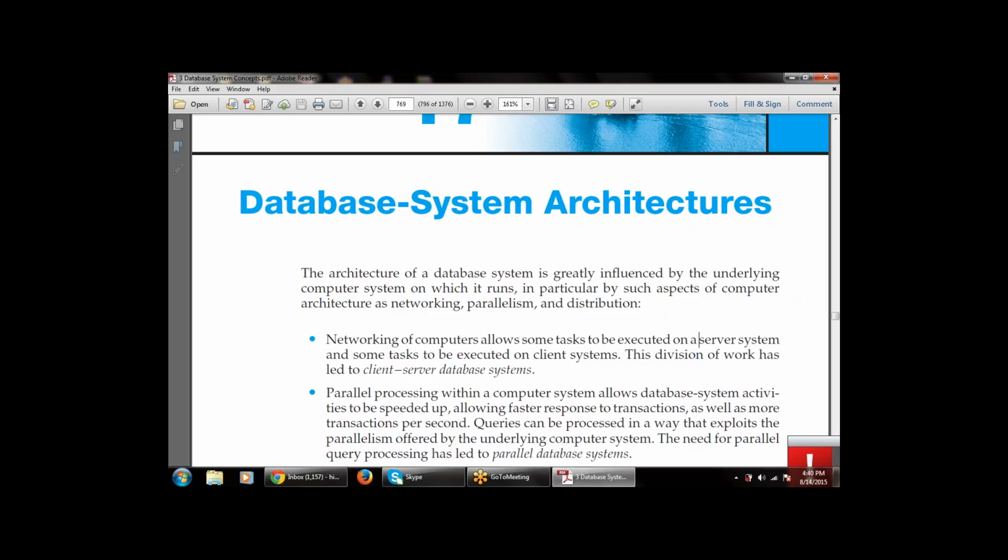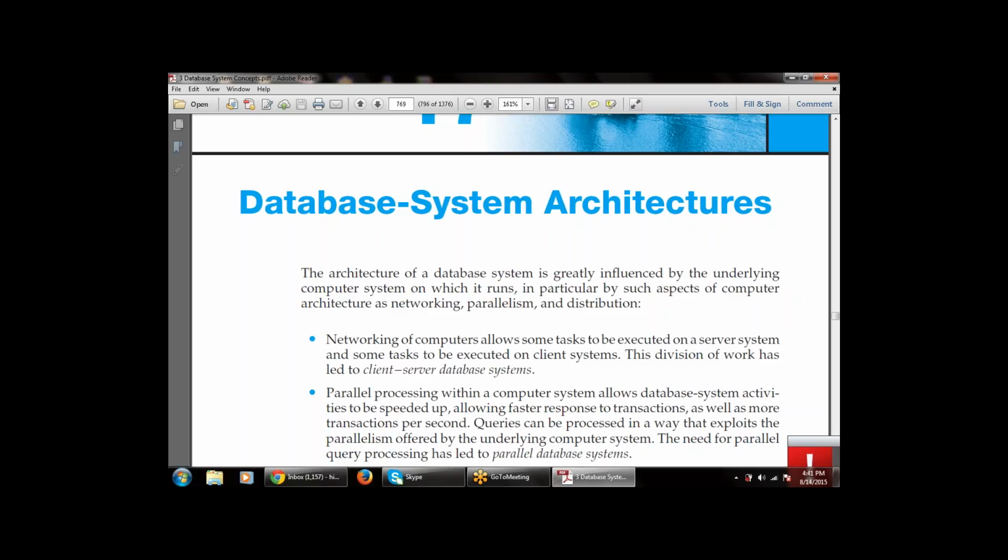These are the various aspects of the architecture. First is networking. That means whenever we combine multiple computers together, that is networking. Networking allows some tasks to be executed on a server system and some tasks to be executed on the client system, so they are made available to perform the various operations.